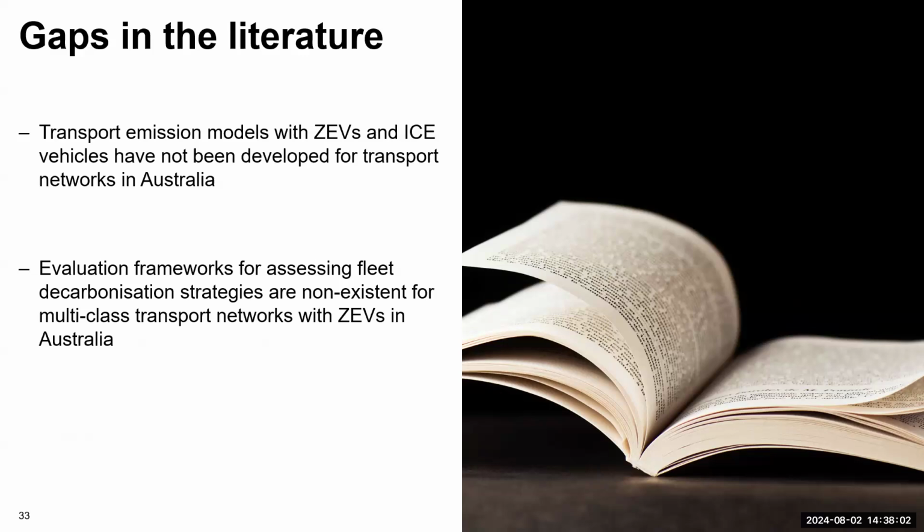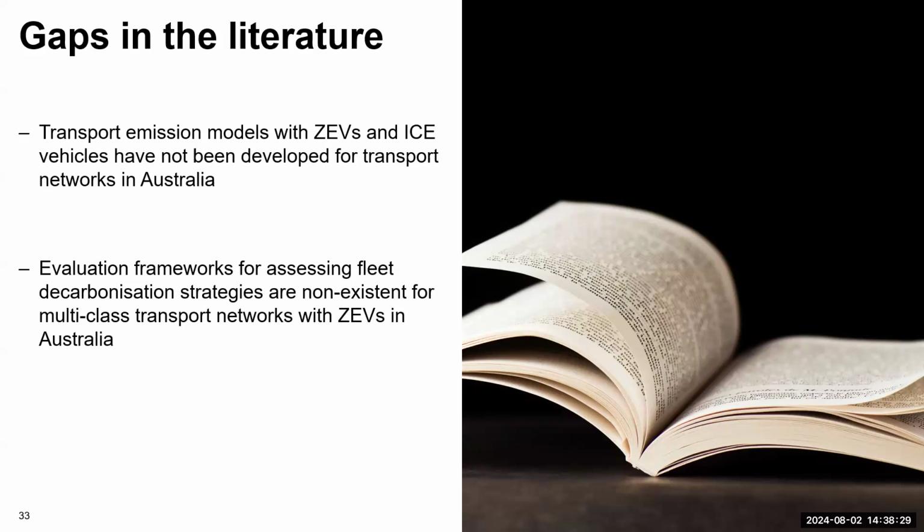So in the Australian context, we haven't found any transport emission model which has both zero emission vehicles and ICE vehicles together, considering only the emission modeling. We also had a plan of adding connected and automated vehicles here, but that might be at a later stage.